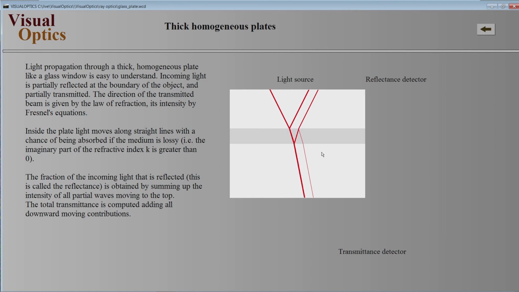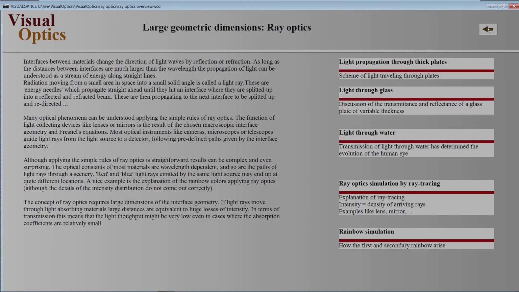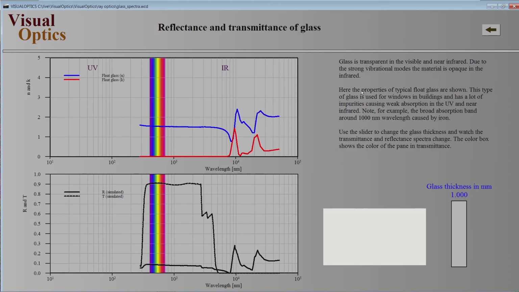Let's take a look at an example, a light beam passing through a glass plate. In this case, I can tune here the glass thickness in millimeters. Let's start with a 1 millimeter float glass. We have discussed the optical properties of float glass in one of the previous tutorials already.